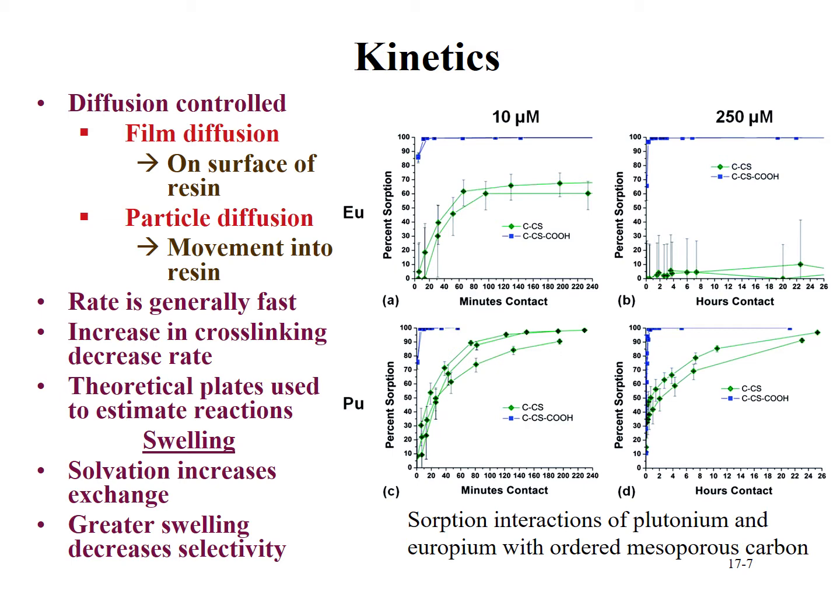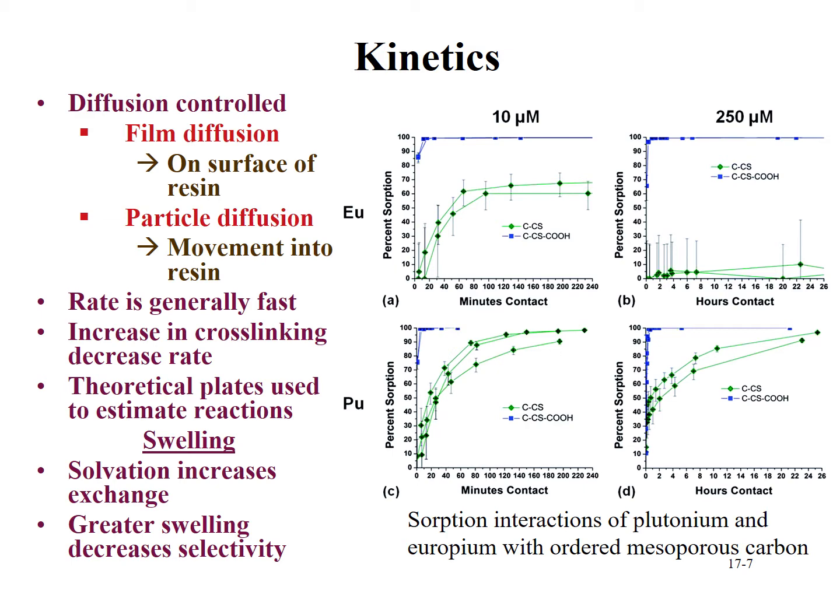Here's some data on absorption of plutonium and europium with mesoporous carbon. So this isn't even as far as an exchange site. You can think of the mesoporous carbon as primarily affecting through cavities.